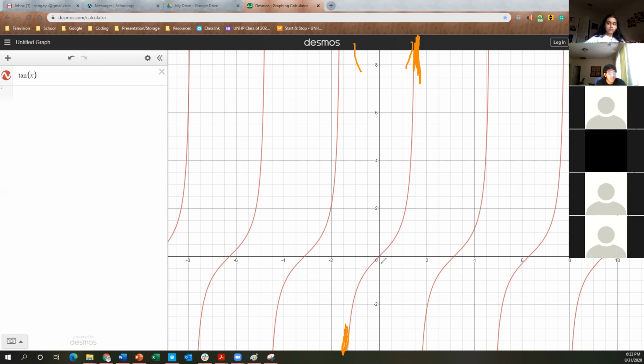Now the other question is, where does the concavity change? Where are we changing from concave down to concave up? Can anyone see that point where we're changing concavity? Yes, at x equals 0 is when concavity changes, right?